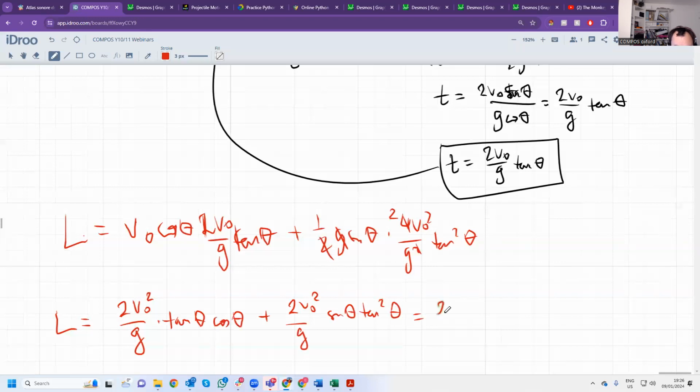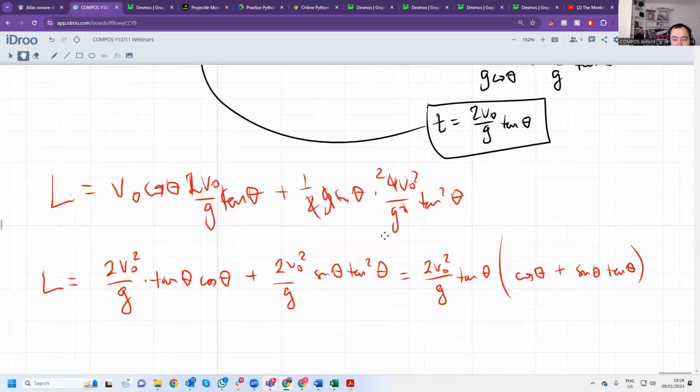So we can take 2v0 squared divided by g tan theta, open bracket, cos theta plus sine theta tan theta. I don't think we need to simplify any further.